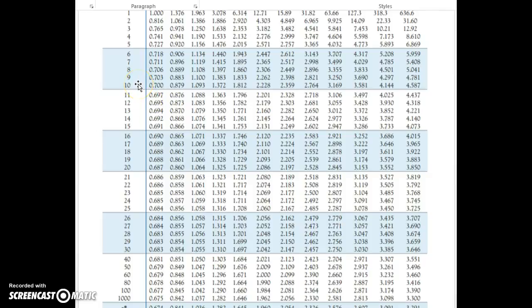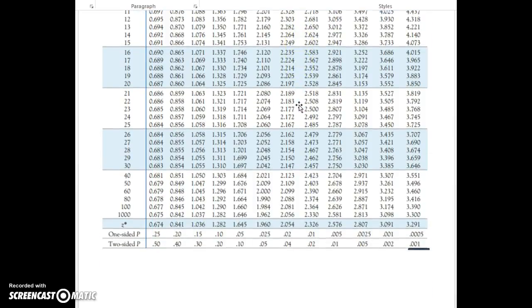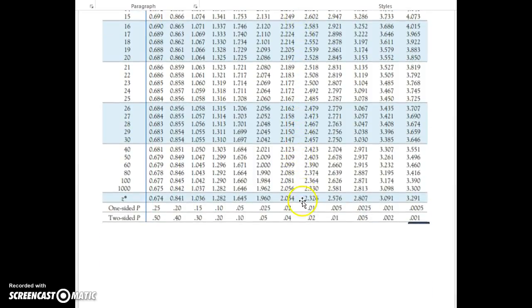Okay, this time we kind of work backwards. We start with our 9 degrees of freedom, and we need our 2.697. We're not going to find it in this chart, but what we want to find is which two columns it is between. So 2.697 is going to be between these two columns right here on the row of 9 degrees of freedom. So let's stay in between these two columns, and we go down to the very bottom two rows.